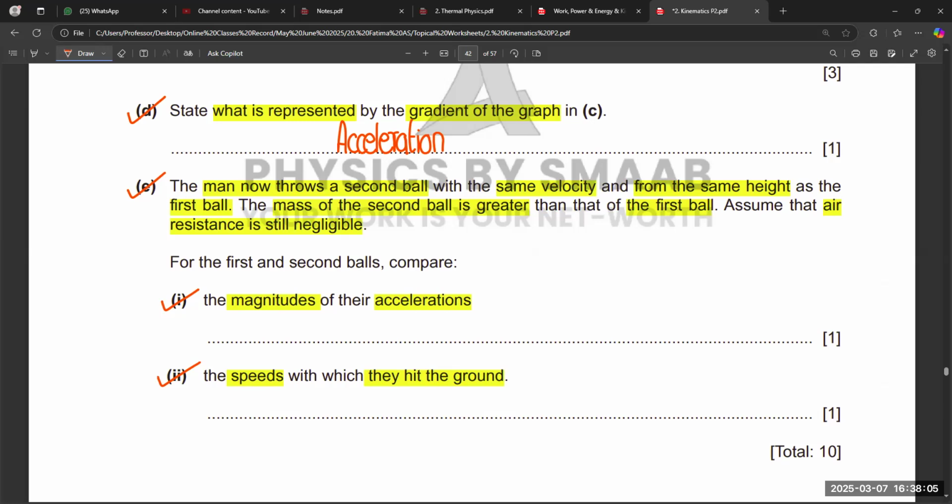Only the mass is greater for the second ball as compared to the first. All other things are exactly the same, just like the first case we discussed. So any idea?